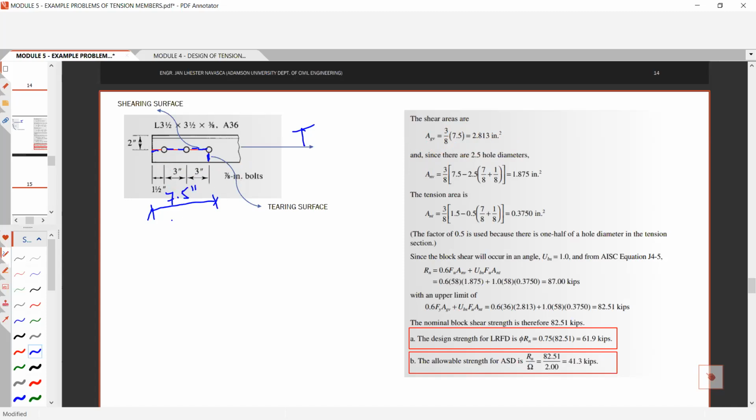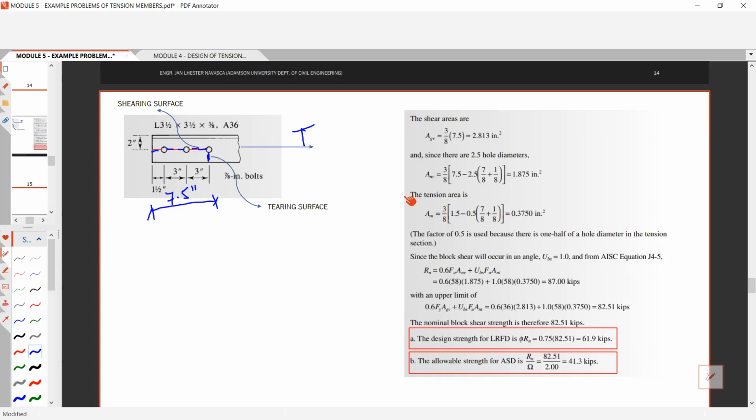What are those 2.5 holes? This one, you have 1 hole, 2 holes, and 1/2 hole. So you have 2.5 holes for the shearing area. That is why your ANV is 3/8, your thickness, multiplied by the total length of 7.5 minus 2.5 holes, with a hole diameter of 7/8 plus 1/8. You have 1.875 square inches. So that is your ANV.